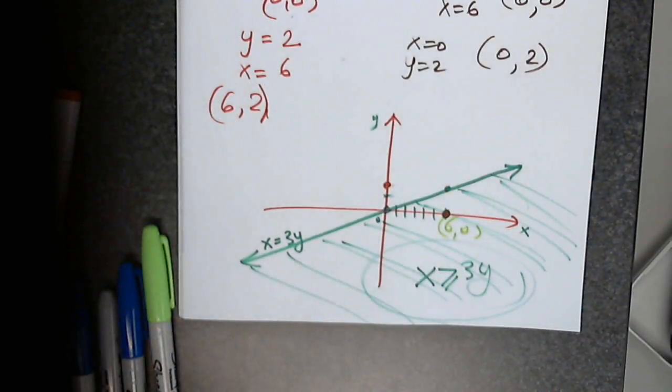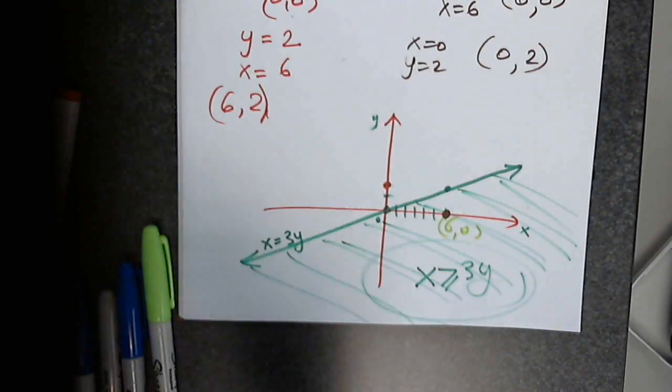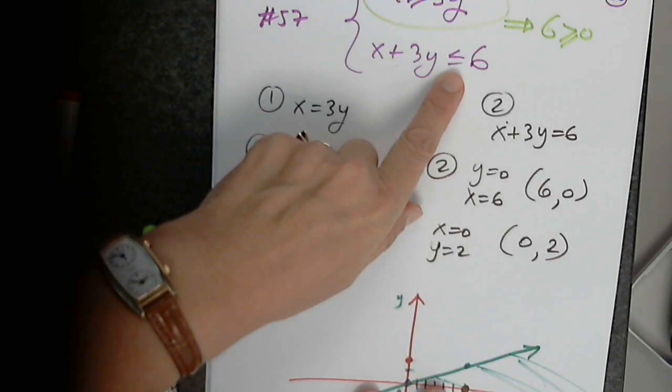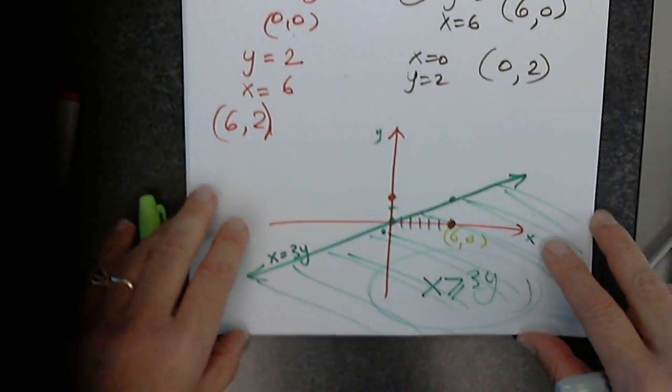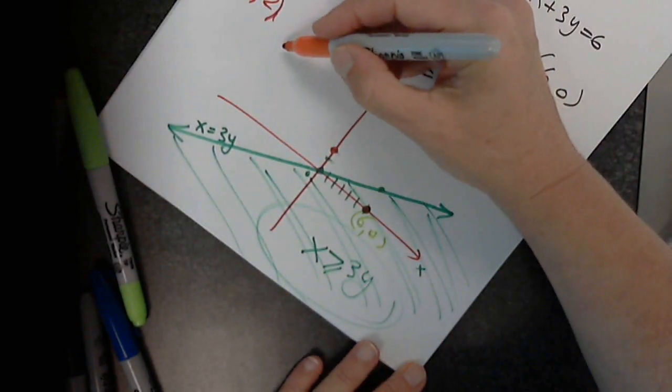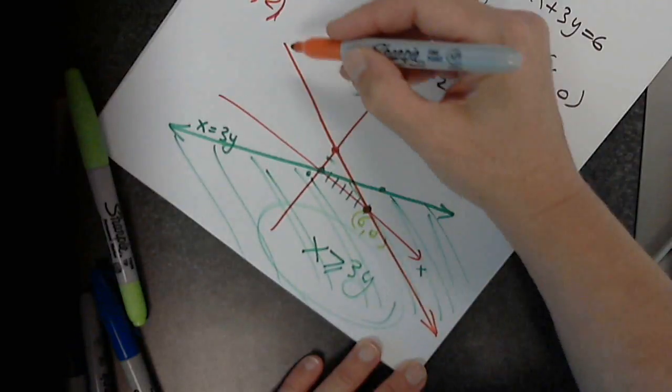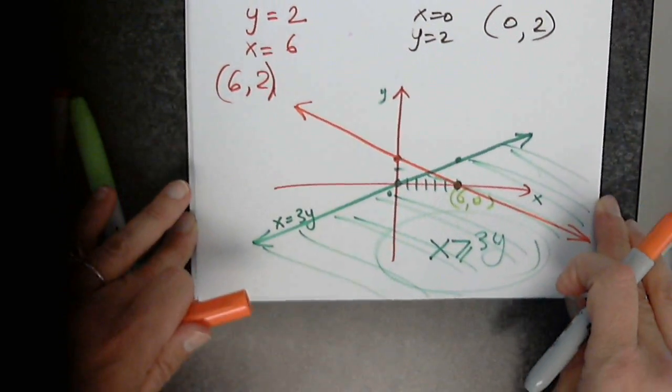I cannot draw the line before I look and make a decision. Does it have the equal sign? Good. So it will be a solid line then. What do I do next?